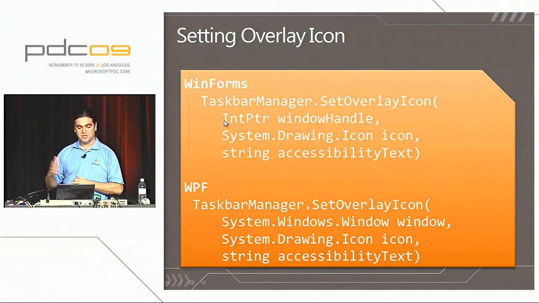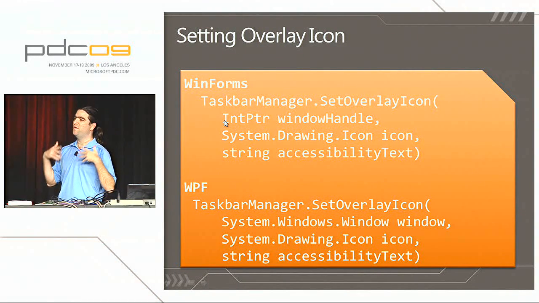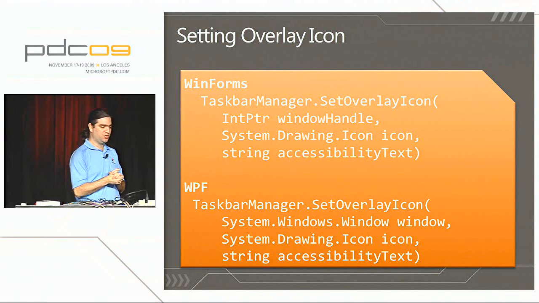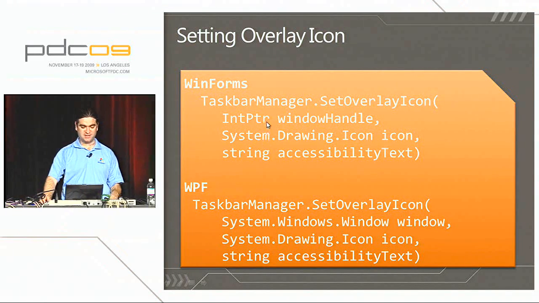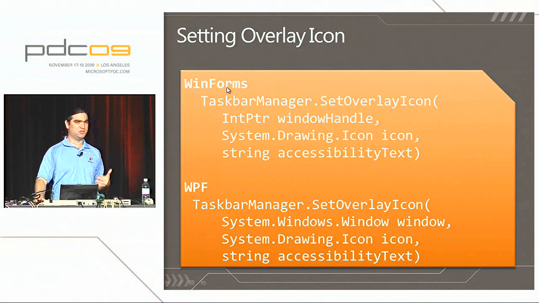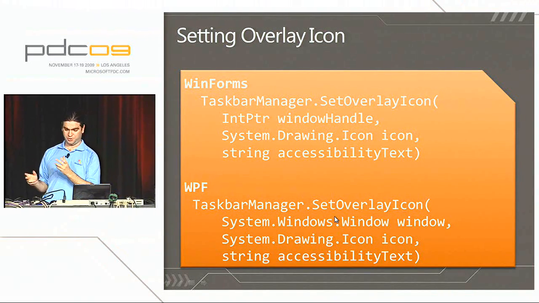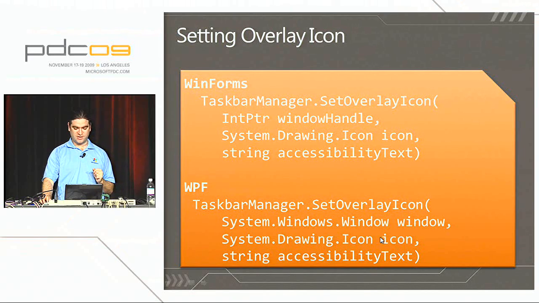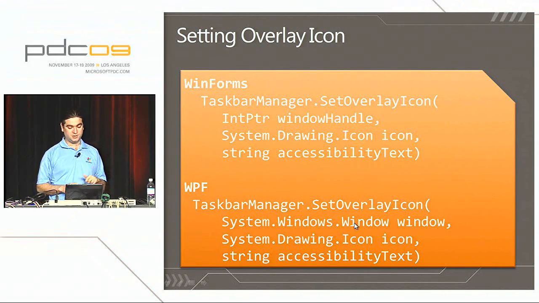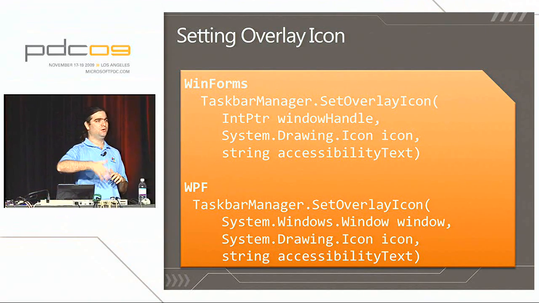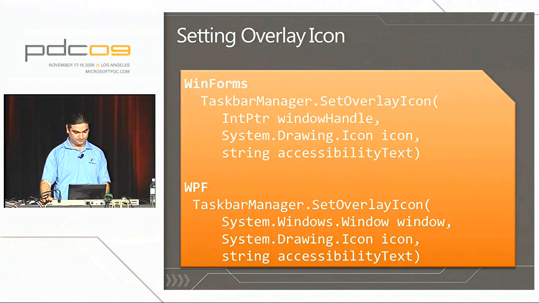And again, we distinguish between WinForm and WPF mainly because we need to overcome the fact that WinForms are HWND based, which is good because this is how the taskbar and multitask, for example, wants to work. WPF is not HWND based, which is also good, but you need to provide some different parameters into the function, and we're doing the process in the background.